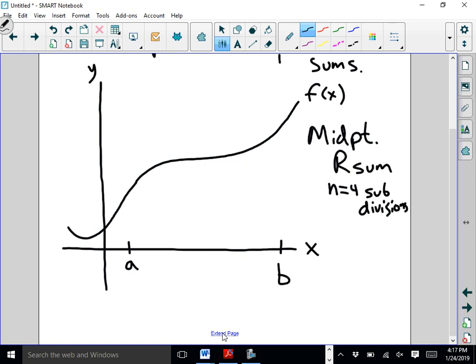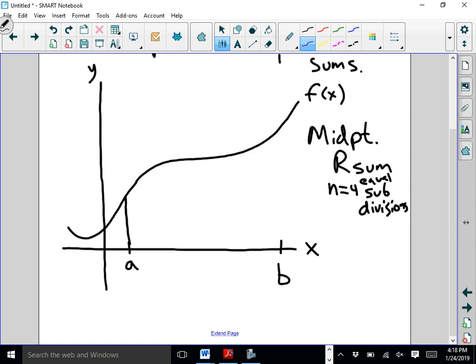If we knew what b and a were, we could do b minus a over n to figure out how wide each subdivision is. But since a and b are just letters, I'll just sketch 4 equal subdivisions in here. I'm going to say equal subdivisions. So I'm going to sketch those in here.